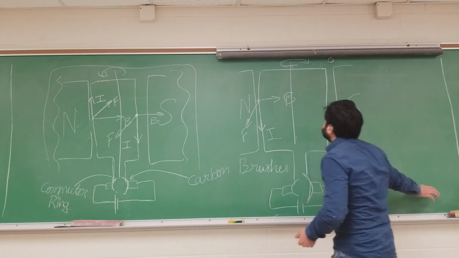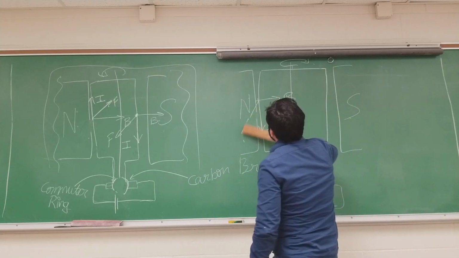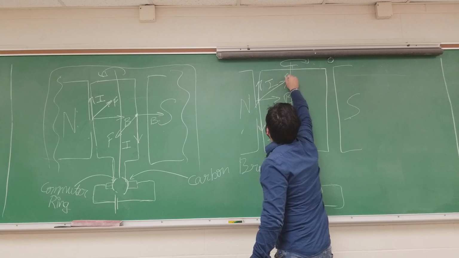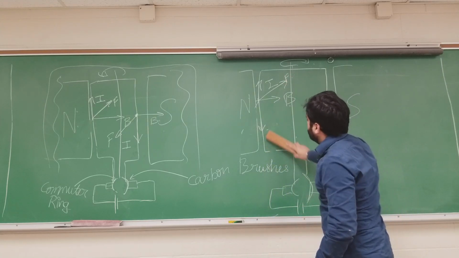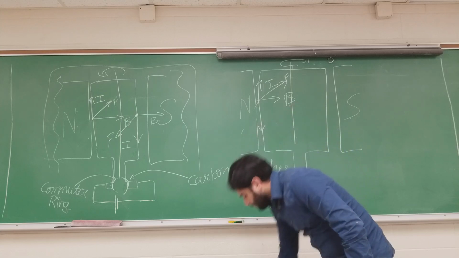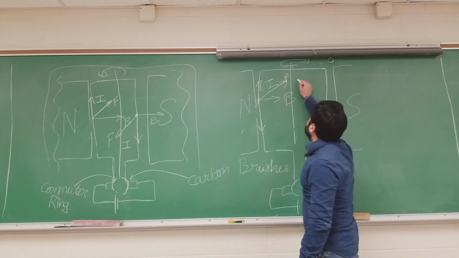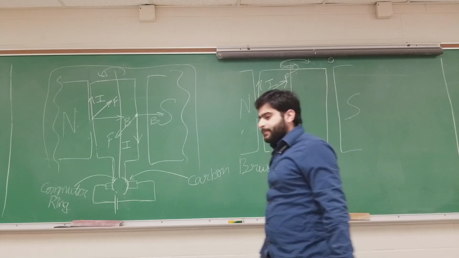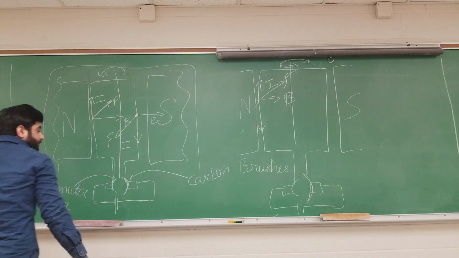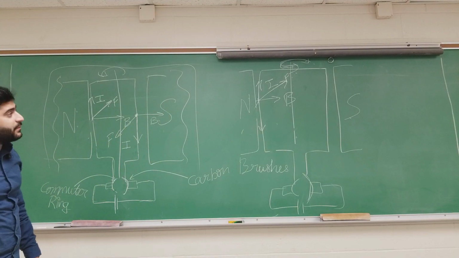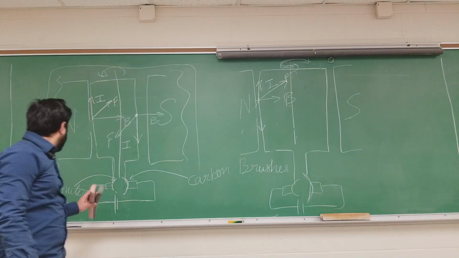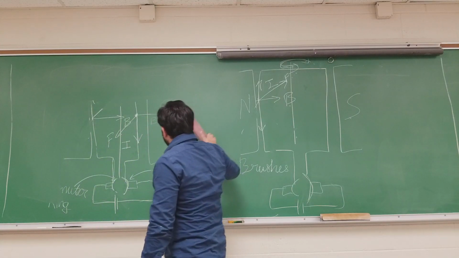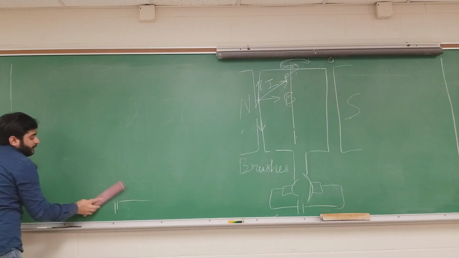Due to that, we still have I going up and F going in this side. This clearly implies that the rotation will again be like this, and we have a continuous rotation in this case. Instead of having zigzag motion, we have a continuous rotation. So that's the basic fundamentals of the working of the motor.